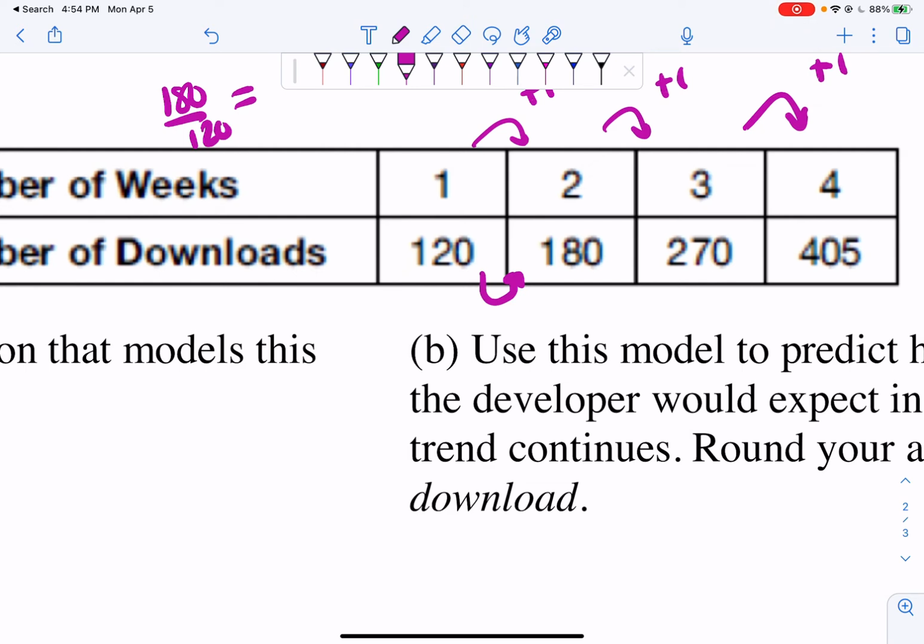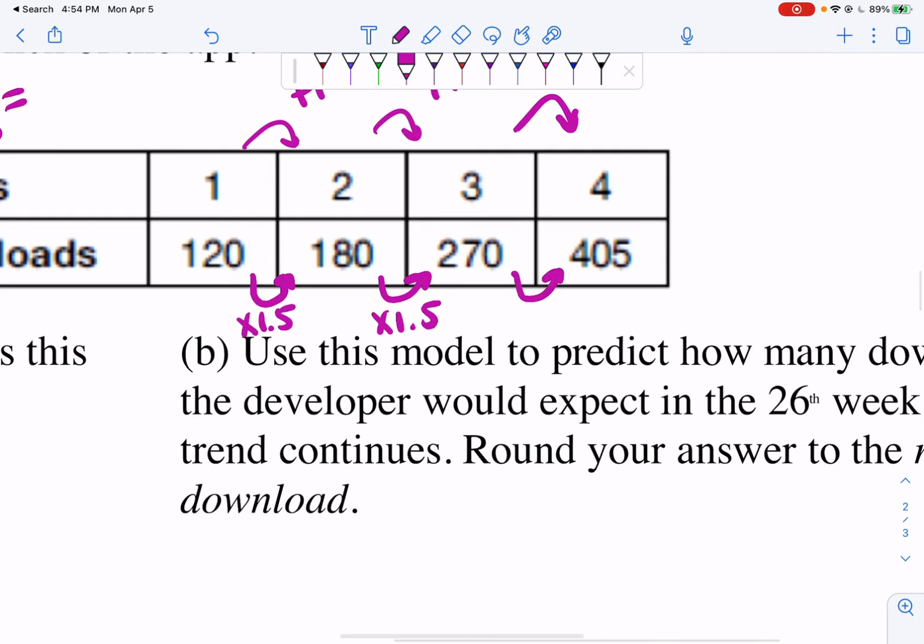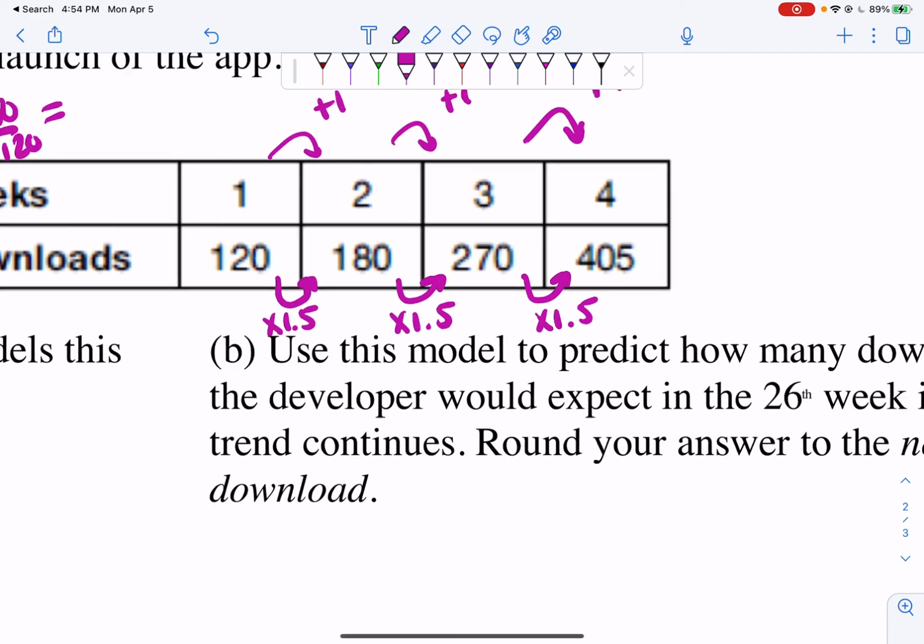Good, I get 1.5, so I'm multiplying by 1.5. To make sure this is correct, I do 270 divided by 180 again, and I get another multiply by 1.5. Now I do 405 divided by 270, because I'm just going backwards, and that's another multiply by 1.5.